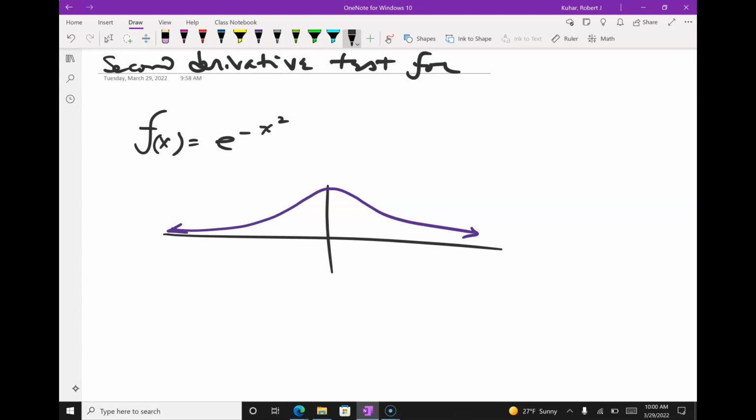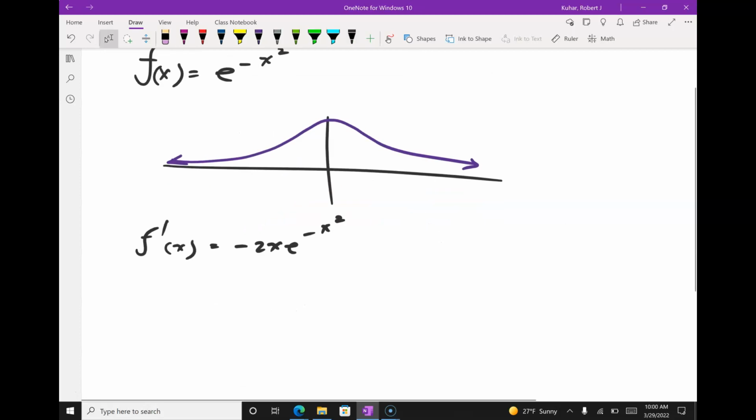Okay, so what do we need first? Our first derivative, right? So first derivative is pretty easy. It's just a chain rule problem. I get negative 2x e to the minus x squared. Everyone agree? And I need the criticals from this. I can think of a numerator and a denominator here, right?